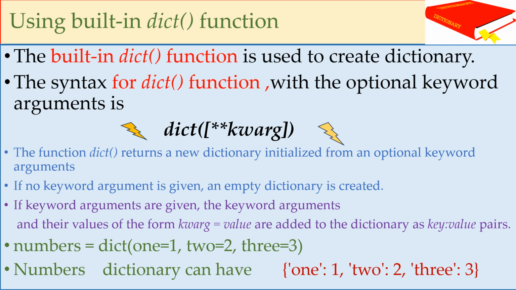The keyword arguments and their values are of the form keyword argument is equal to value, which will be added to the dictionary as a key value pair. For example, numbers is equal to dict of the three arguments specified over here, 1, 2 and 3, and it will create a dictionary with the following key value pairs.